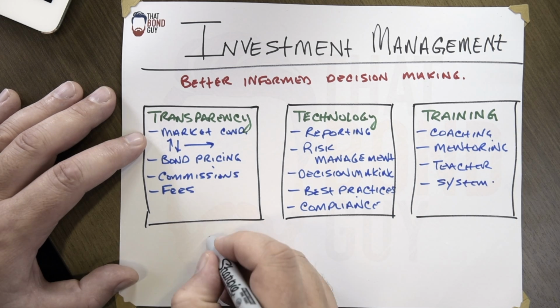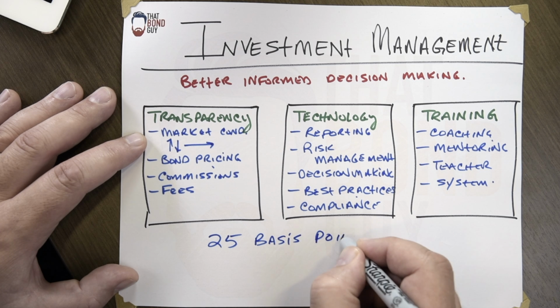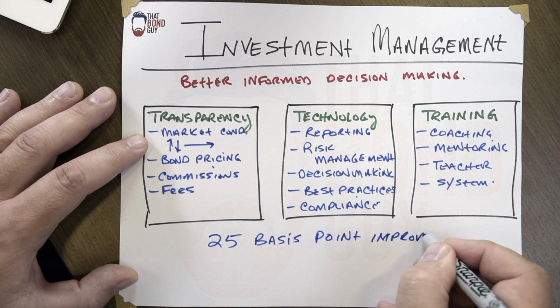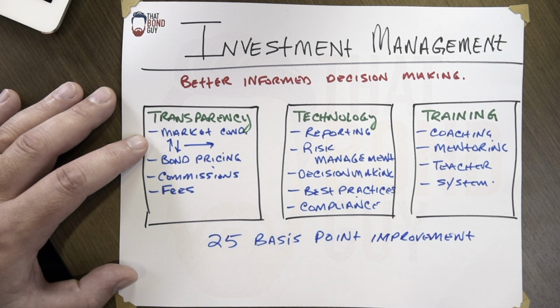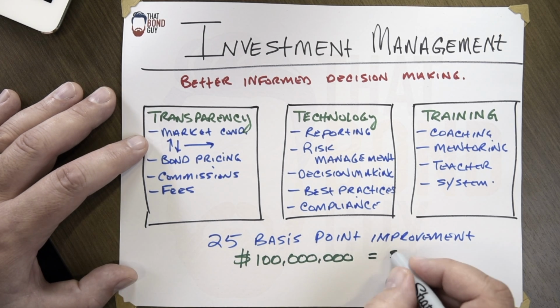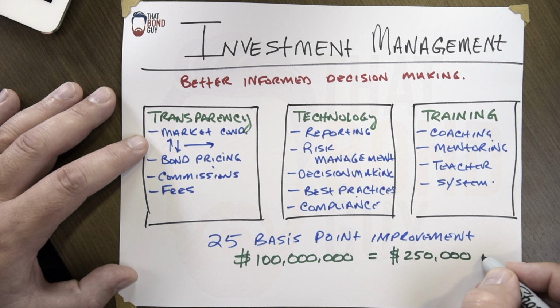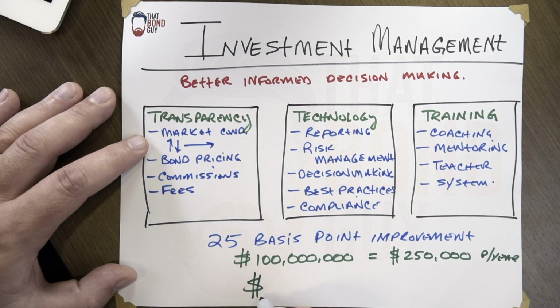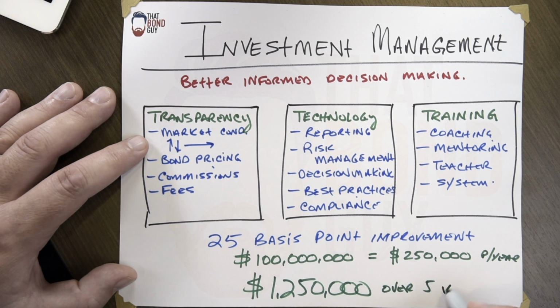All of these things are going to help us make better informed decisions. And if you look at 25 basis points improvement on a $100 million portfolio, that equals $250,000 per year, or $1.25 million over the next 5 years.